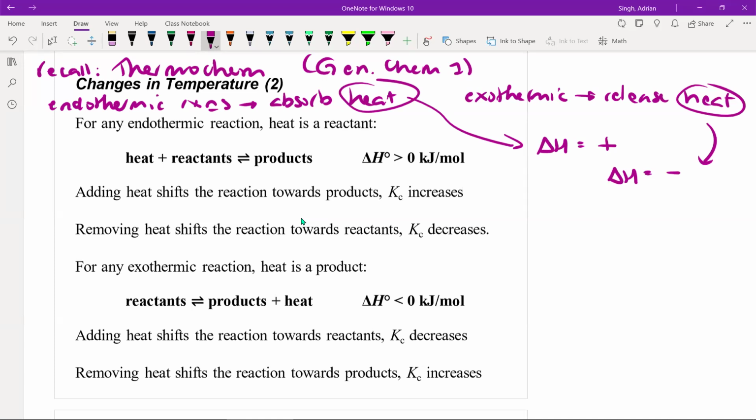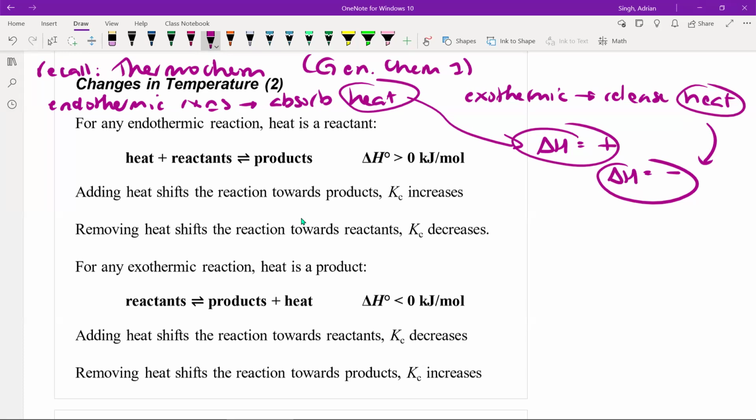If you're given the information for a reaction, we can look at the delta H values and say really quickly whether we have an endothermic or an exothermic reaction. Then we can treat that heat as either a reactant or a product, and apply the same principle as we did for changes in concentration.